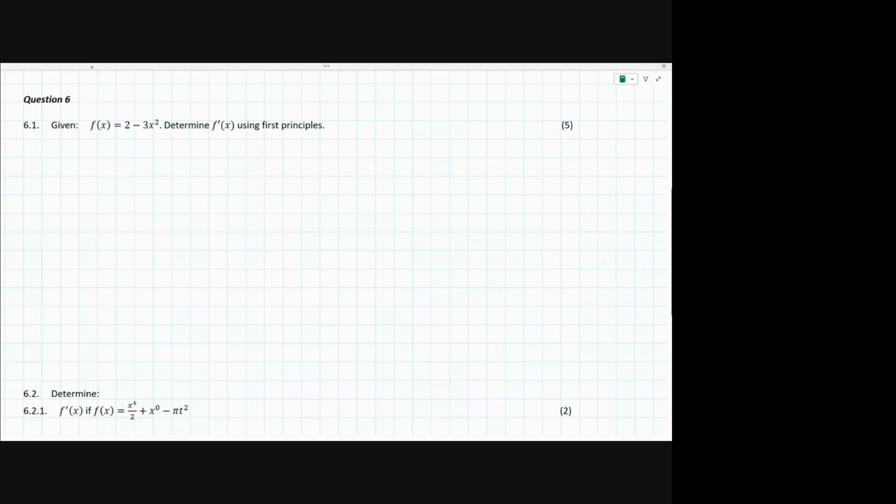All right, so first principles. Obviously, we need to know our formula, which I did write down earlier: the first derivative of the function f is equal to the limit where h tends towards 0 of f of x plus h minus f of x, divided by h.